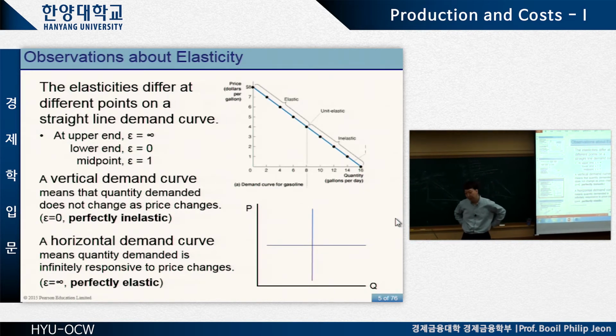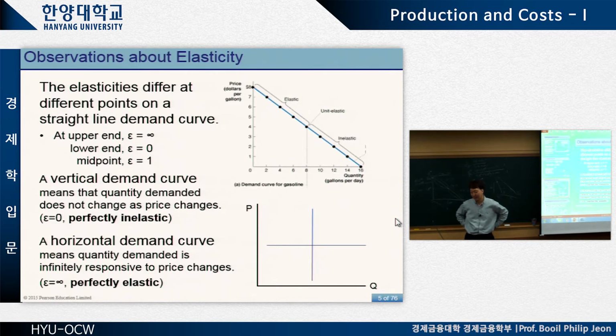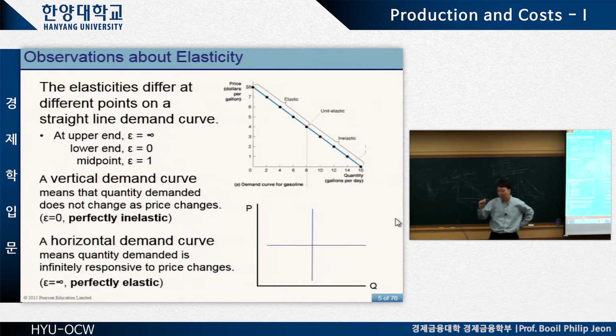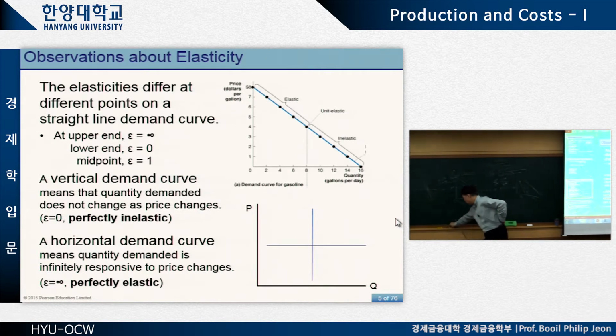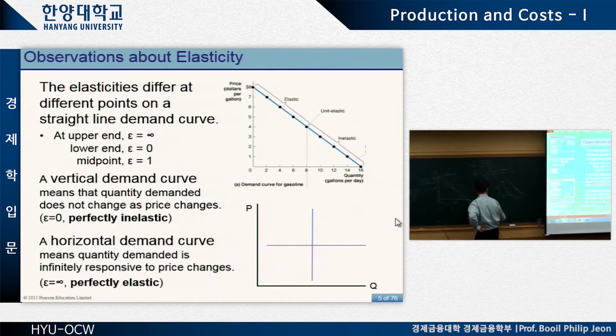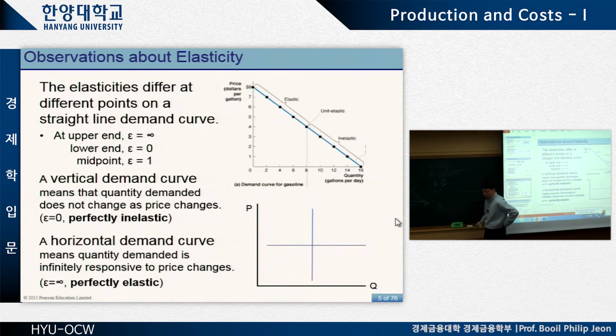Horizontal demand means if you change the price only slightly, raise or lower the price, then suddenly the demand disappears. So let's say this is horizontal demand.